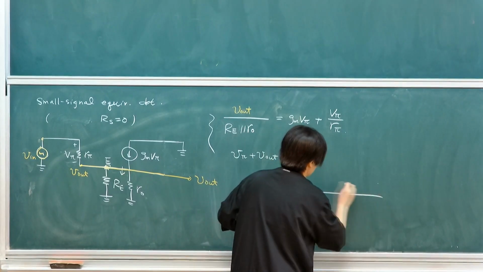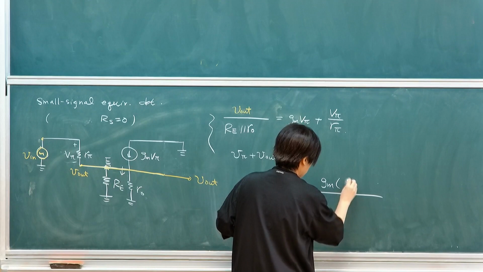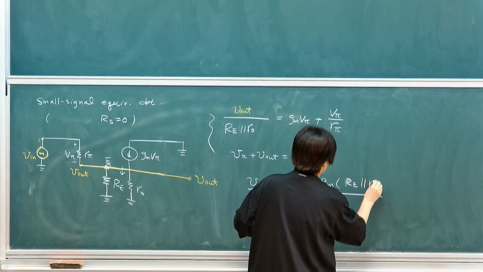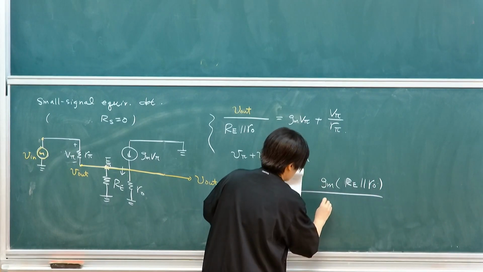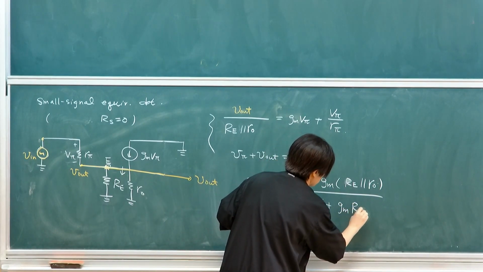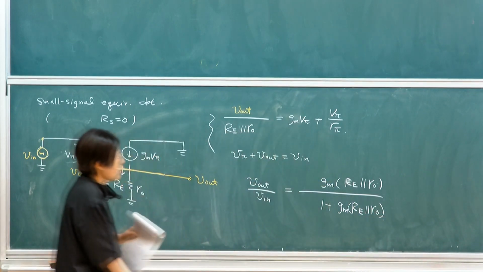It will be Gm RE in parallel RO over 1 plus Gm RE in parallel RO. Okay?